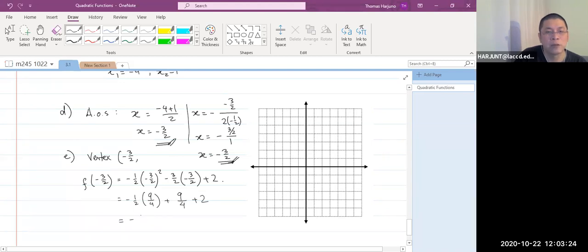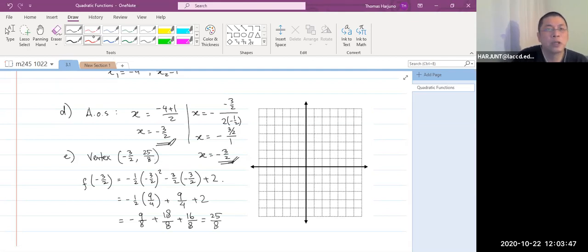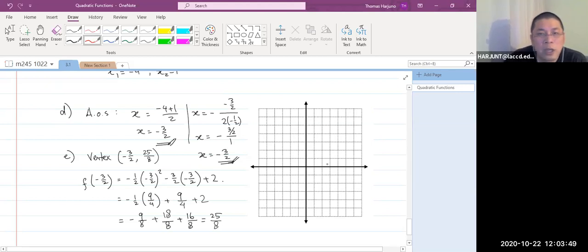This is negative 9 over 8 plus 18 over 8, I do LCD, plus 16 over 8. That will be 25 over 8. That is the y component of my vertex. Let me start putting it in. So the vertex will be negative 1.5, comma, 3 and 1/8, slightly more than 3.